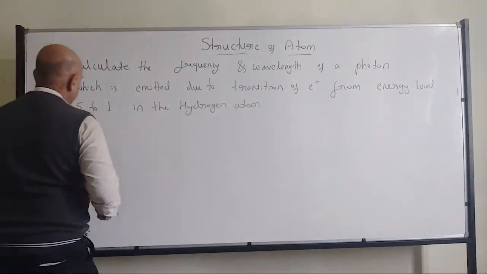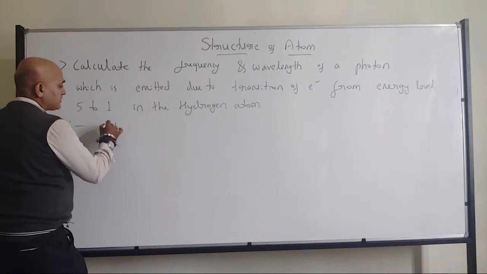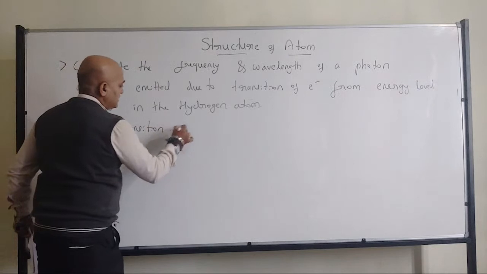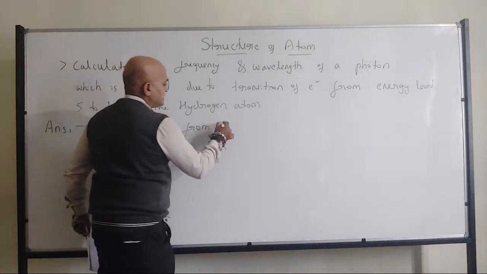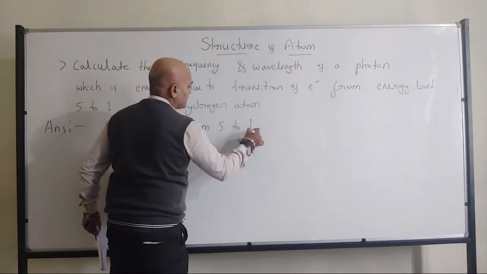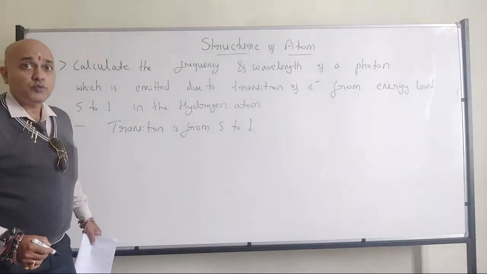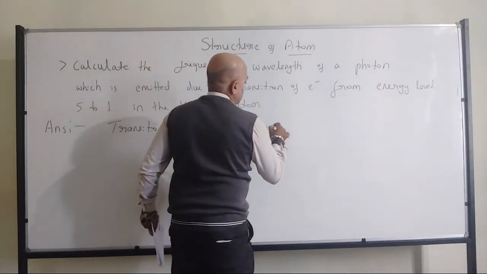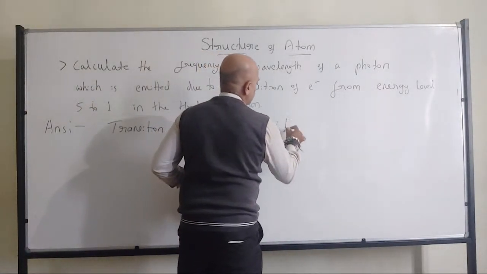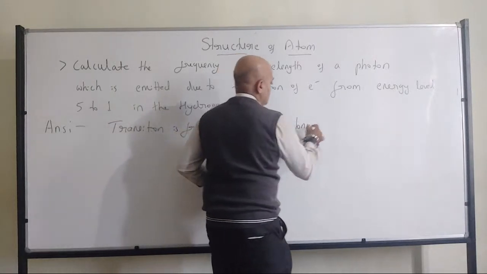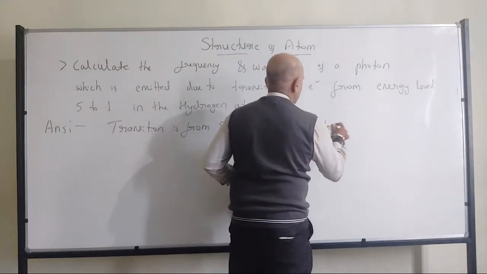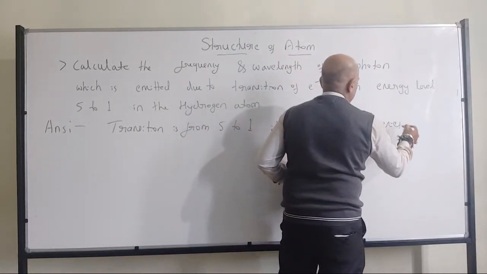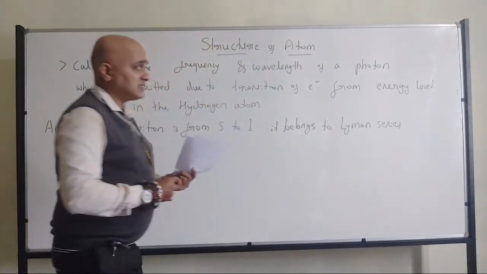Now, since the transition is from energy level 5 to 1, and energy level 1 is involved, it belongs to Lyman series.